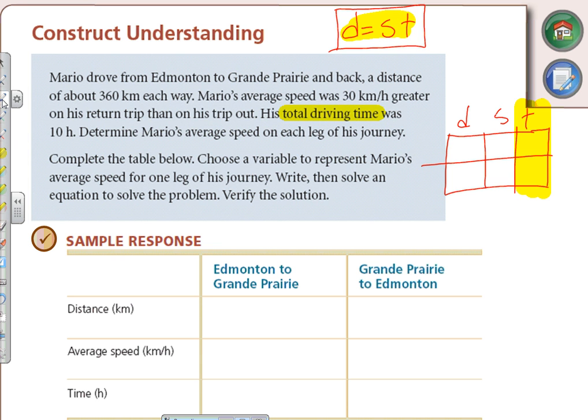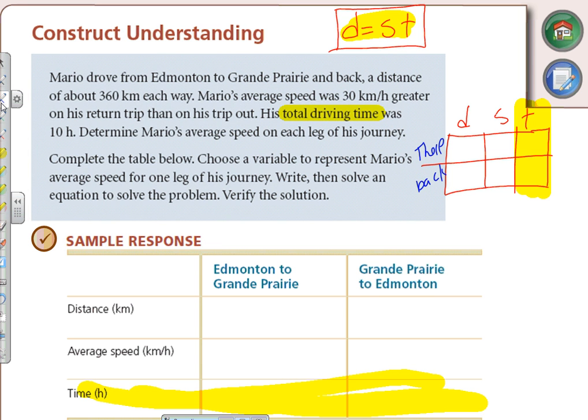Let's look at this one. Start by figuring out what are our two different criteria here. We've got on the way there and on the way back. So I'll just call it there and back. They called it Edmonton to Grand Prairie to Edmonton. And I'll fill in both of these at the exact same time, whichever one you are using yourself.